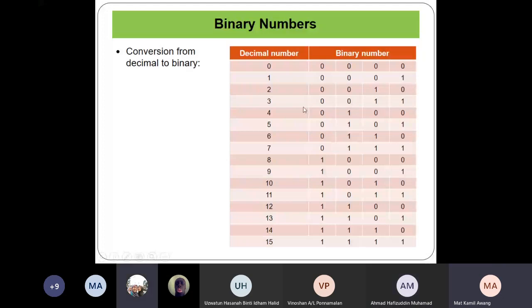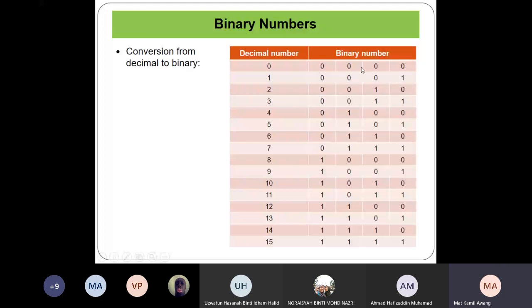So maknanya first row untuk power of 0. Second row power of 1. No, it's column. Column, position. This is 2 to the power of 0, this is 2 to the power of 1, 2 to the power of 2, 2 to the power of 3. Okay. So 0 is of course 0.